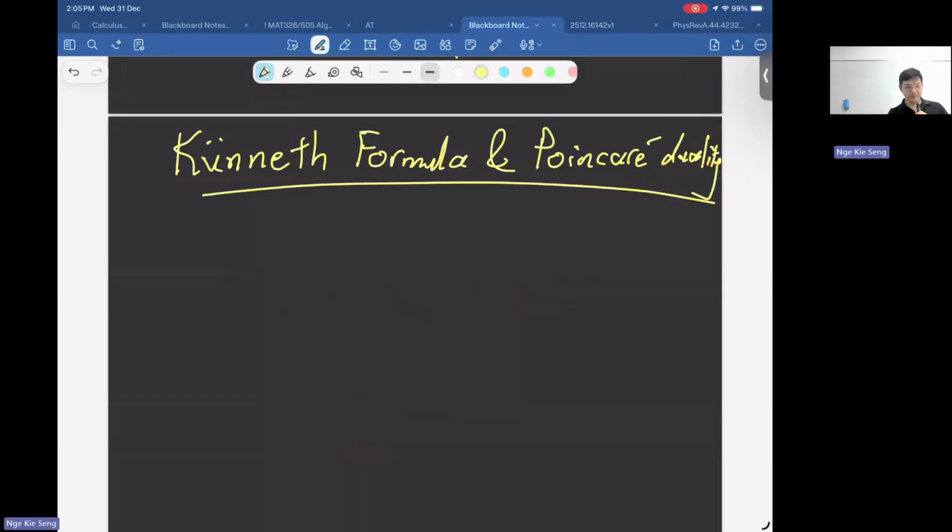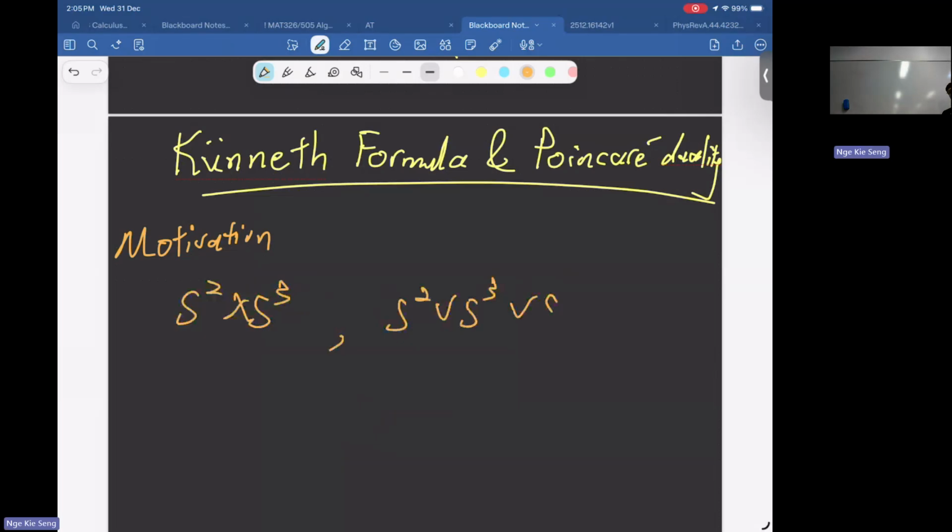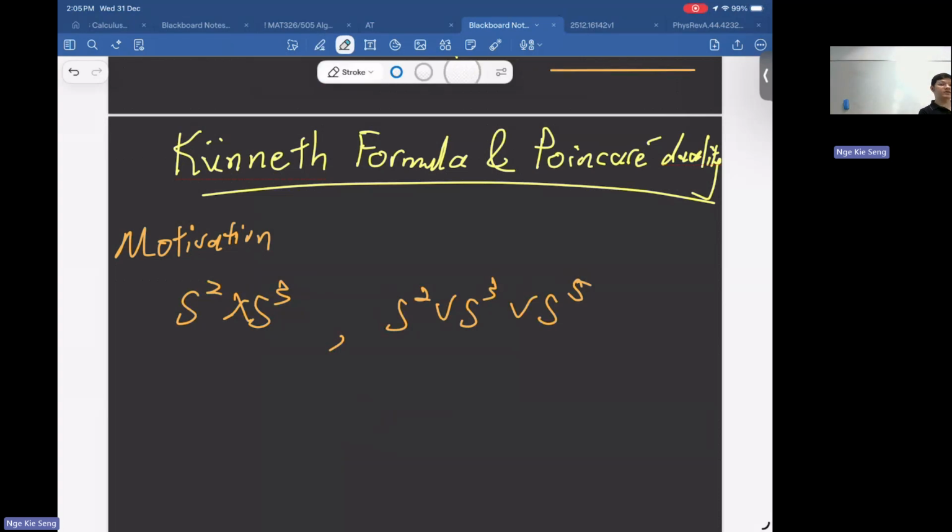We finished earlier. Okay, so one motivation question was to look at these two spaces here, S2 cross S3 and S2 wedge S3 wedge S5. These two spaces have the same cell structure, I mean, the same number of cells. For example, what cells do you have in S2 cross S3?